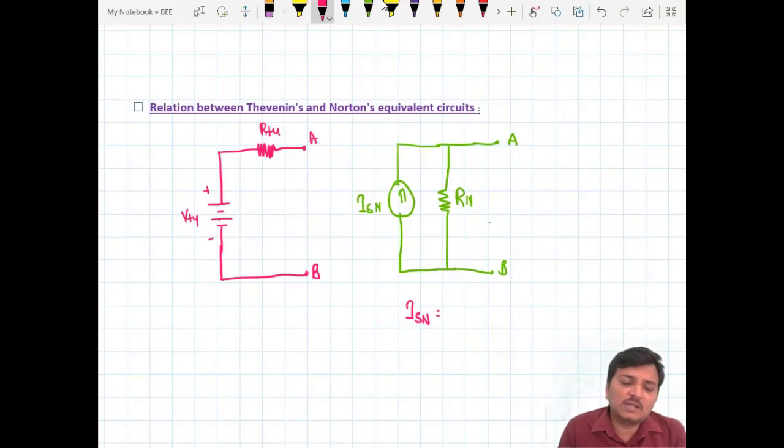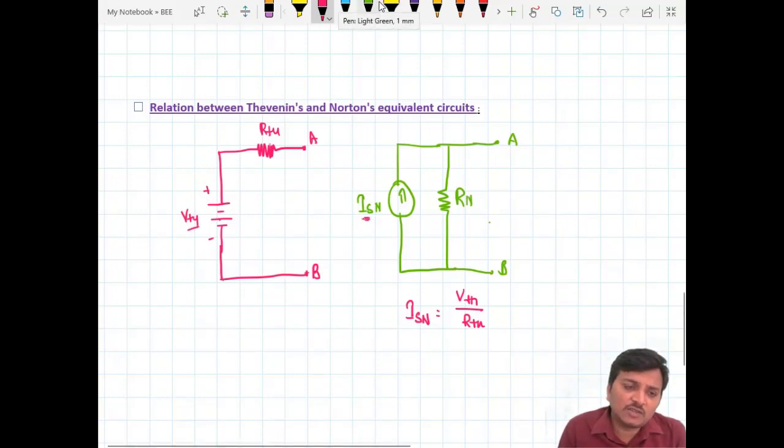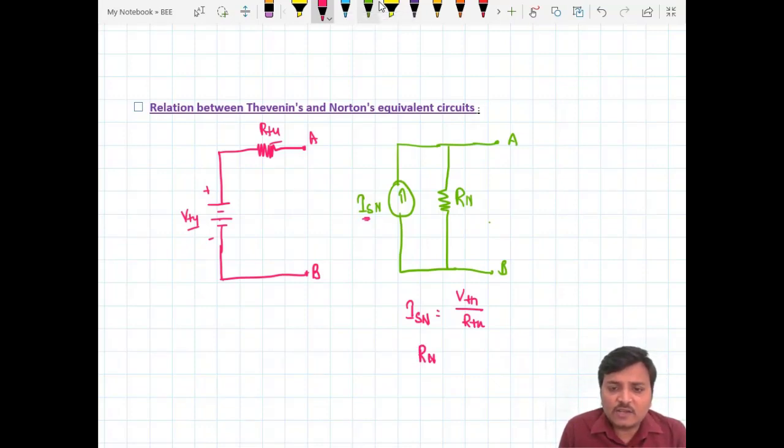If Thevenin's voltage and Thevenin's resistance are given, then I can find the ISN value using VTH divided by RTH. This is the relation. Your short circuit current can be derived using your Thevenin's voltage and your RTH. And your RN value is equal to RTH value. Both procedures are the same.